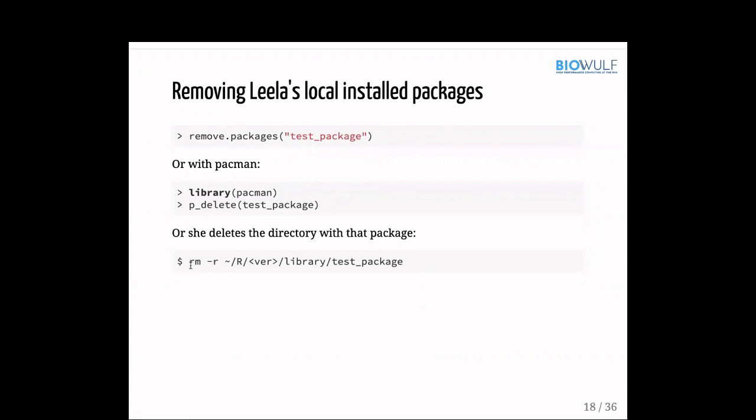Or you can go to your bash and just remove the whole binary library in your R library user location. Here the example assumes your R library is by default at home. Of course, you can switch it. And again, you want to make sure you only remove the version you were running.